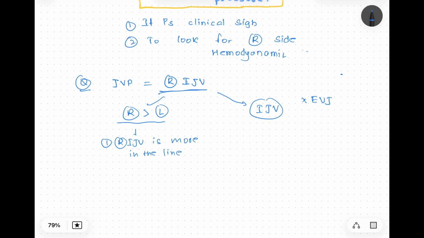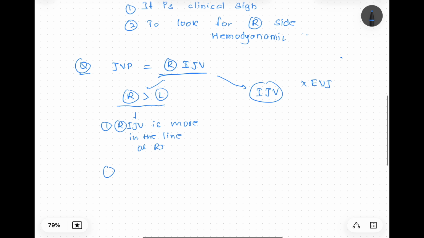And second, left IJV has a tortuous course, so it can be affected by mediastinal structures.